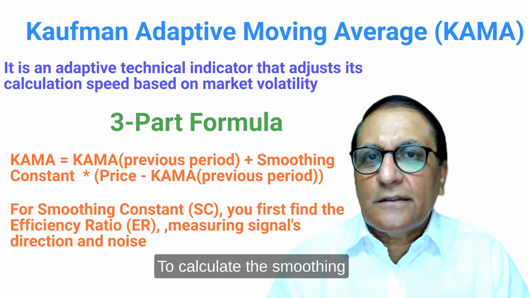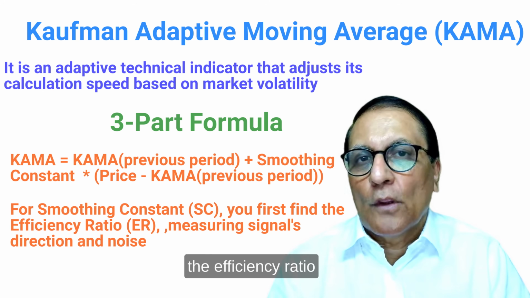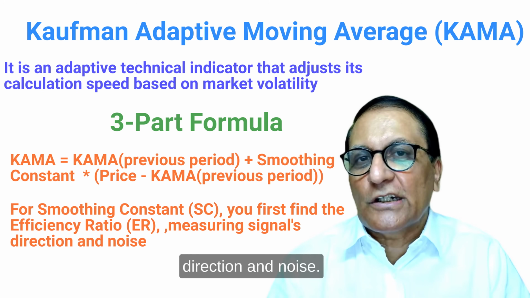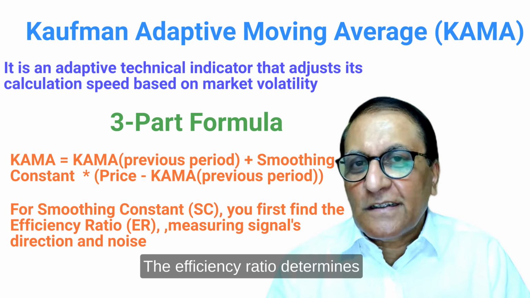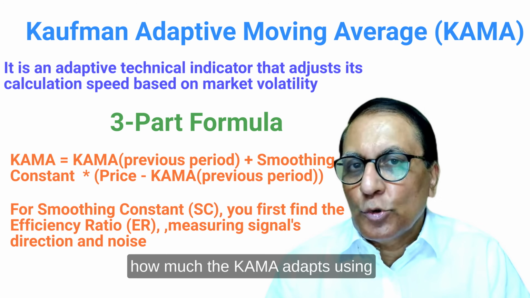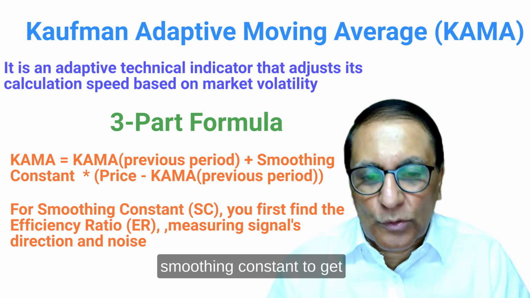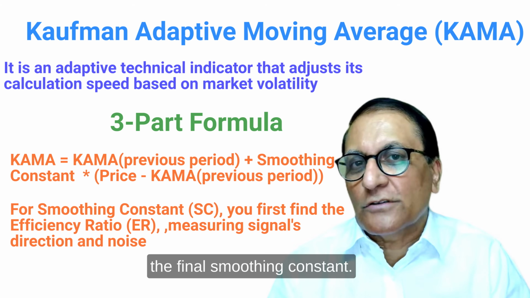To calculate the smoothing constant, we first find the efficiency ratio, which measures the signal's direction and noise. The efficiency ratio determines how much the KAMA adapts using a fast and a slow moving average smoothing constant to get the final smoothing constant.